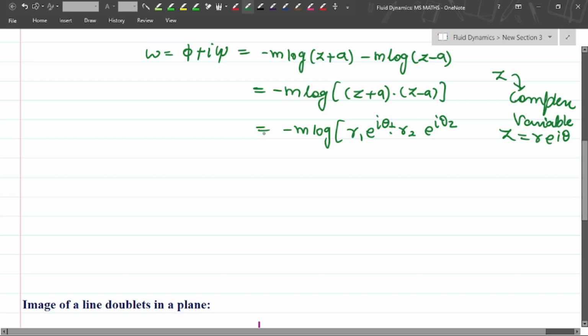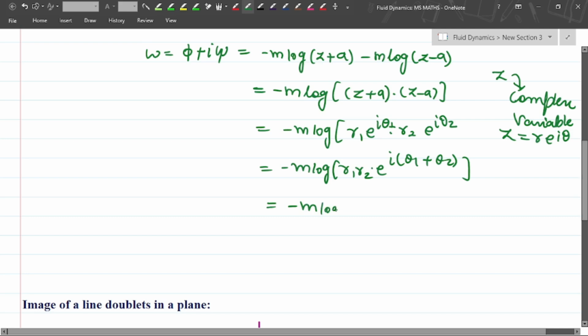So we can simplify these both equations. On simplifying, we get minus m log of r1 r2 e to the power iota theta 1 plus theta 2. Because these both are in multiplication, we can write it as addition.